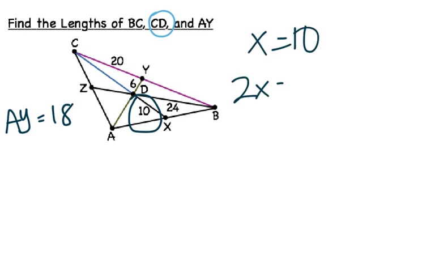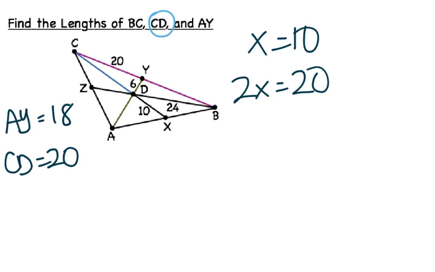And 2 x's would equal 20. So that means this is 20. And they're asking us for the length. That's it. So CD is 20. Because they're not asking us for the entire thing. That would be CX. So CD is 20.